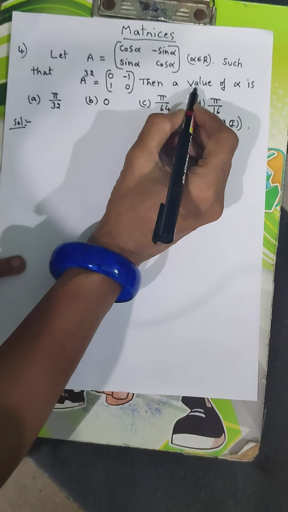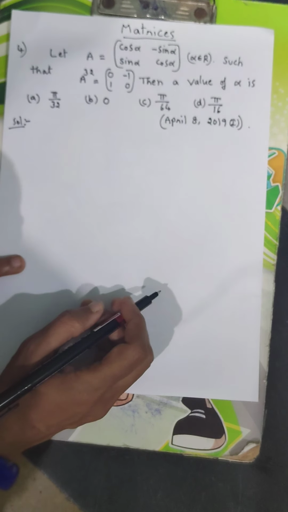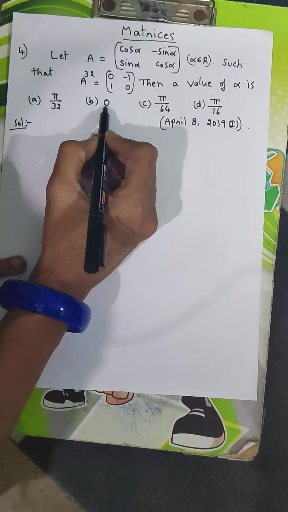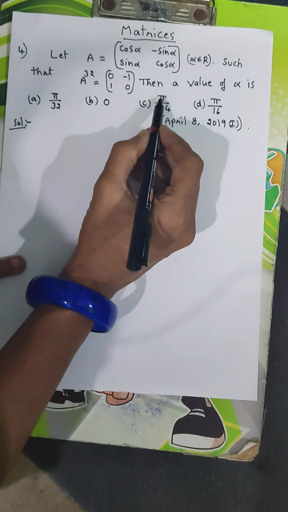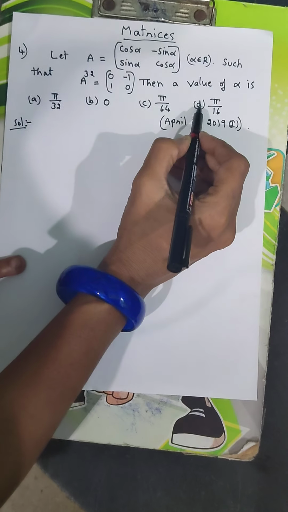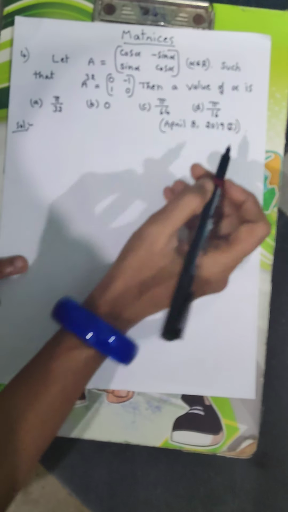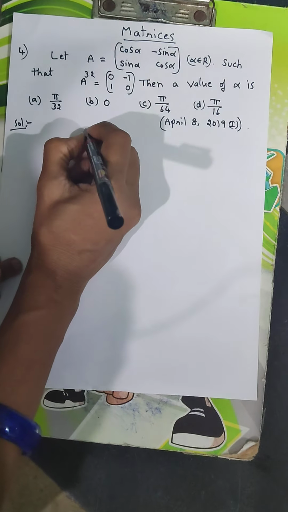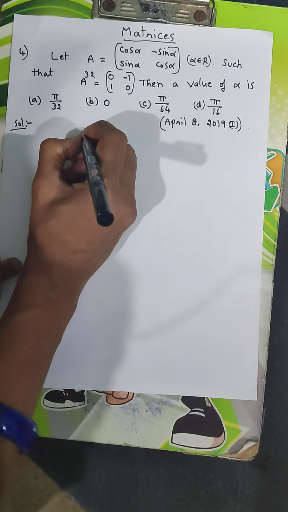Then the value of alpha is: options A pi by 32, B 0, C pi by 64, D pi by 16.